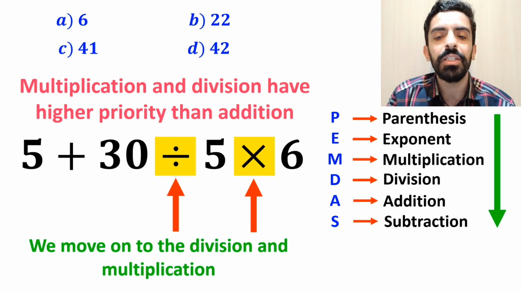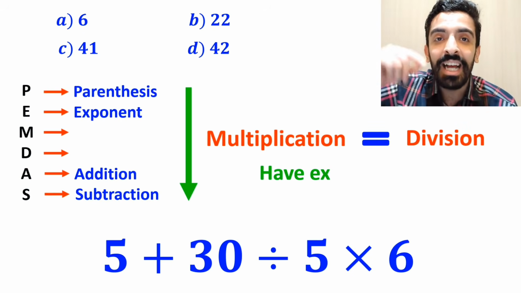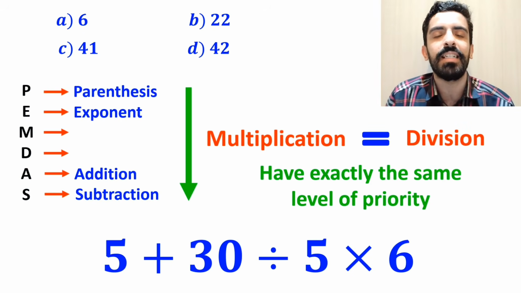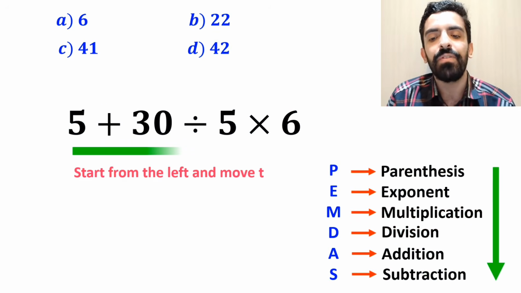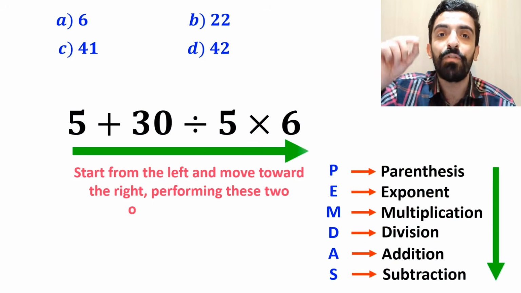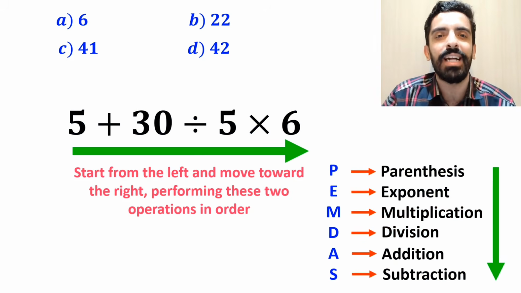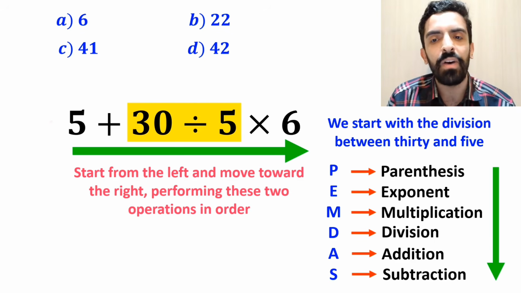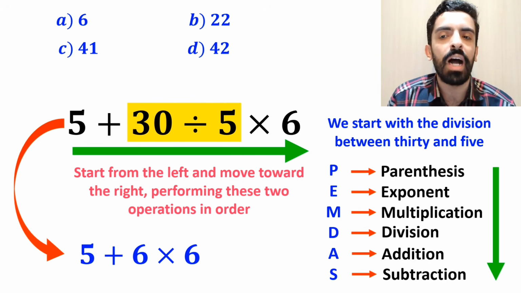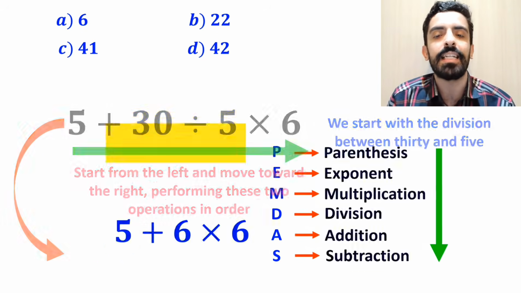However, it's very important to note that multiplication and division have exactly the same level of priority. In this situation, the best approach is to start from the left and move toward the right, performing these two operations in order. So, first we start with the division between 30 and 5, which simplifies this expression to 5 plus 6 multiplied by 6.